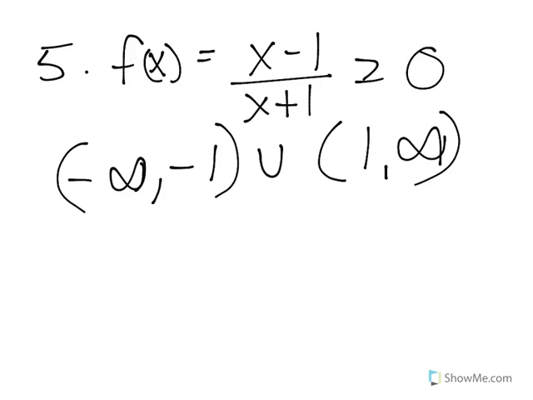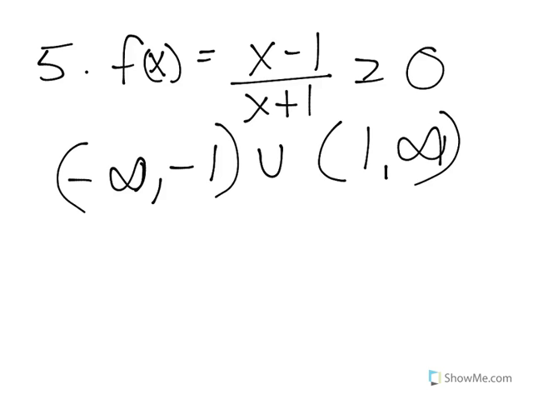In particular, the value we obtained when we set the numerator of f equal to 0. So if you recall, the numerator of f, which is this x minus 1, that's the numerator. When we set that equal to 0, x was a positive 1, right? So we must include the positive 1 in the solution set.